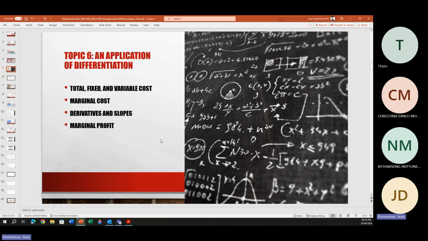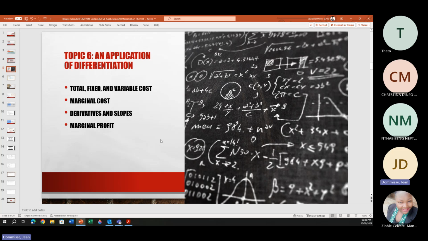Then from there, we're going to show how to work out marginal cost. So we will basically take the first differentiation of total cost to get to marginal cost. And then we will show a bit of derivatives and slopes around that, how to work that out.